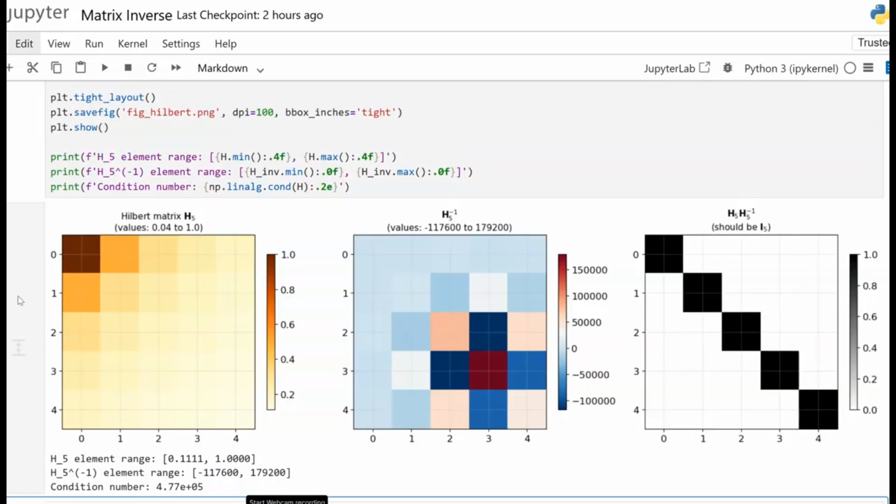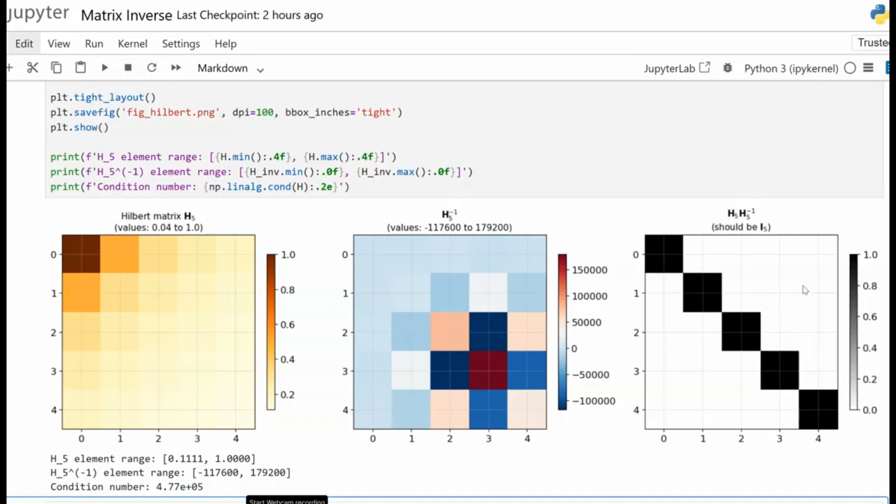Kindly observe, dear friends, in the visualization of H we can view a smooth gradient, meaning it is structured with low variation. For H inverse, we have high contrast and oscillation, which means instability and amplification.